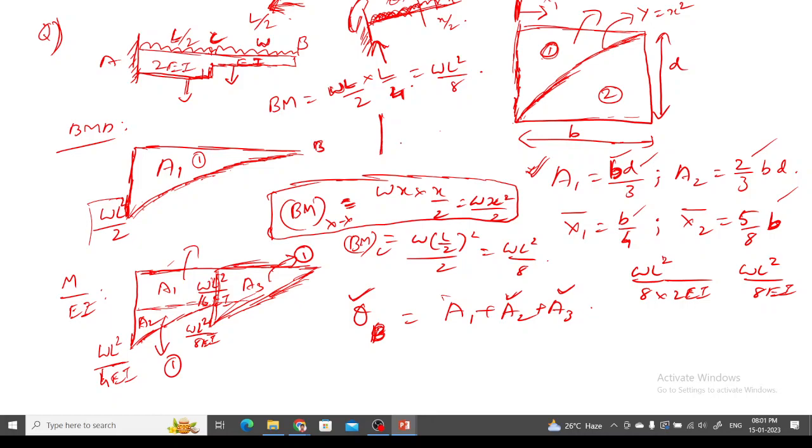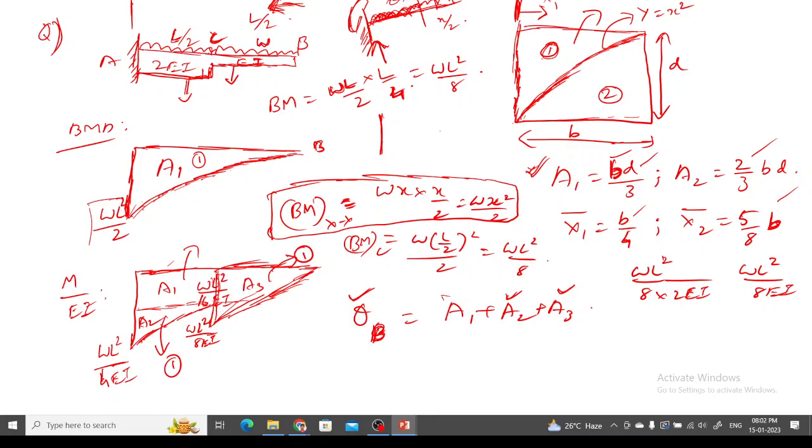A cubic parabola happens when there is uniformly varying loading, where the shear force diagram should be a parabola. But in this case, the shear force diagram is a rectangle and triangle, linearly varying. Only for these kinds of cases do we have the formula for A1 and A2.